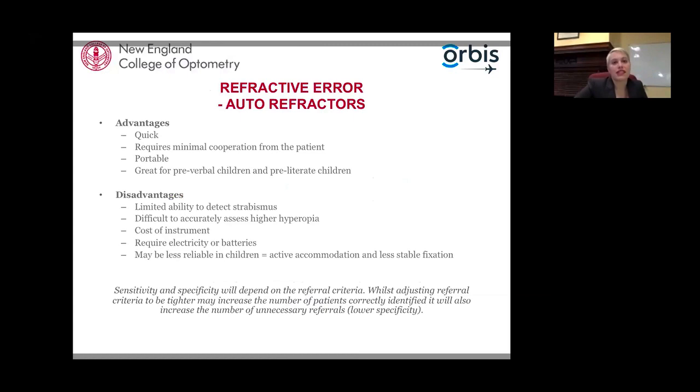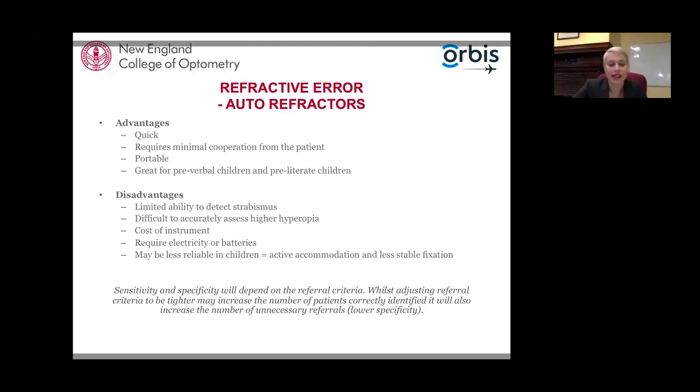There's a lot of advantages and disadvantages to using autorefractors. The advantages of autorefractors is it's quick. You can get through a lot of people in a short amount of time. It requires minimal cooperation from the patient. It really does require a lot less training for the person administering the test. It's portable and it's great for pre-verbal children or pre-literate children.